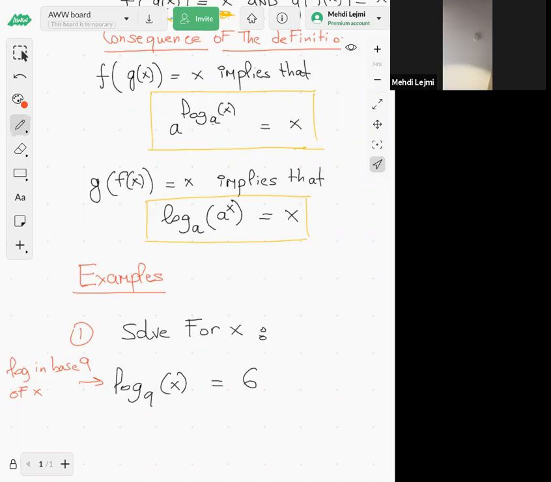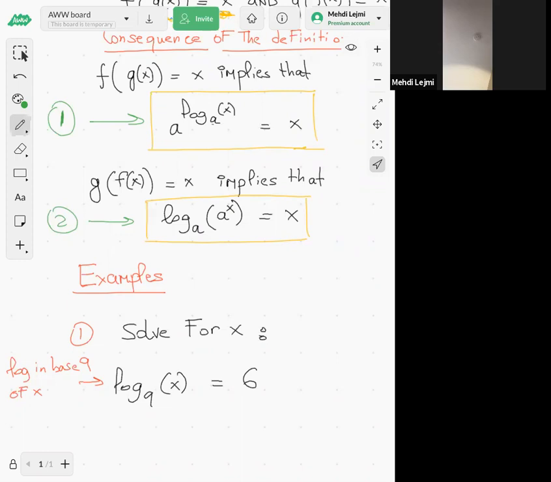So how can we solve for x? What we have to use, guys, are these two main identities. The first one is this one here, and the second one here. We have to use these identities to solve for x.